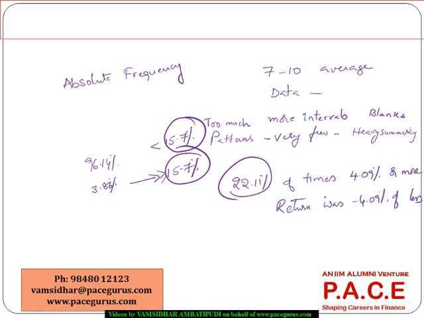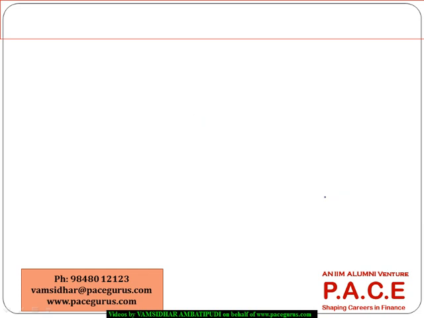Alright. Now that we have understood the creation of frequency distribution, I am looking at the graphical presentation of the data. As a part of the graphical presentation, I will look at three major graphs here. The same data I will look at from the frequency distribution.